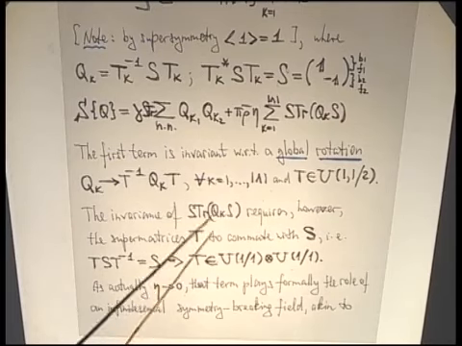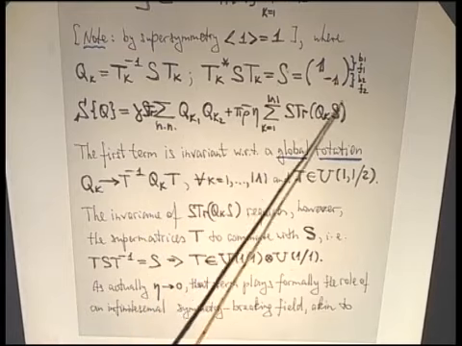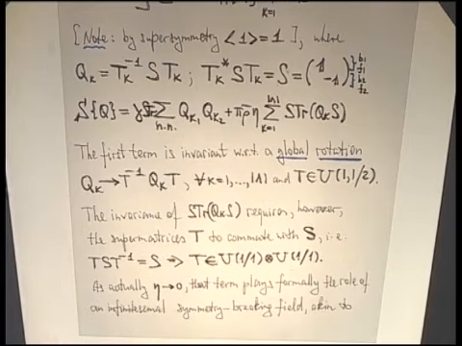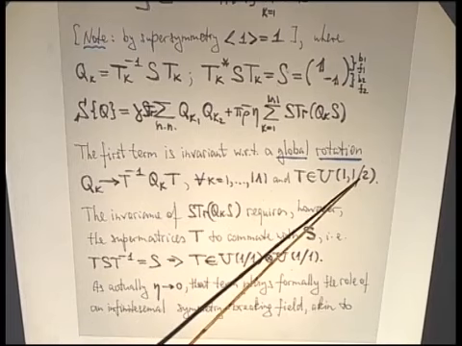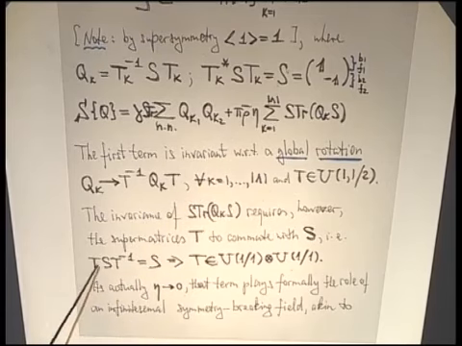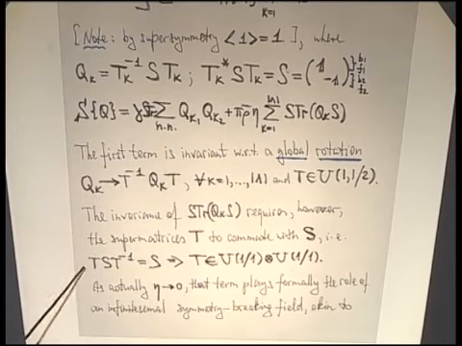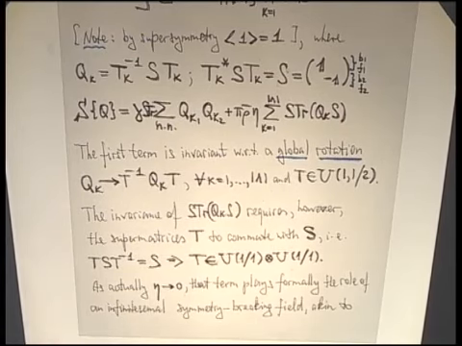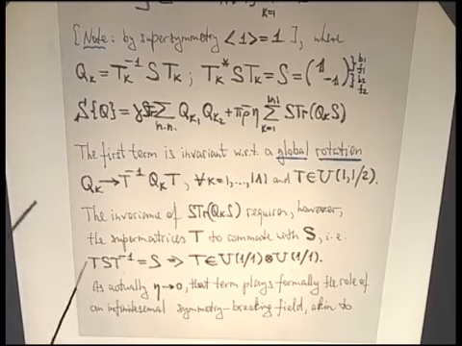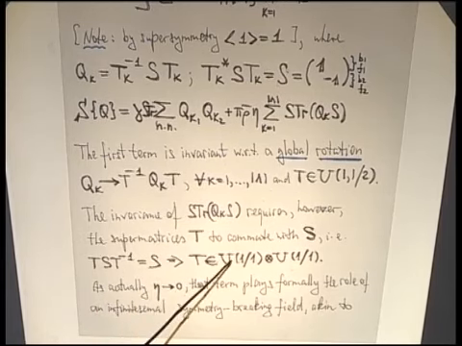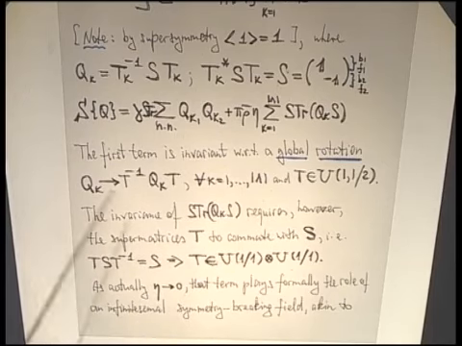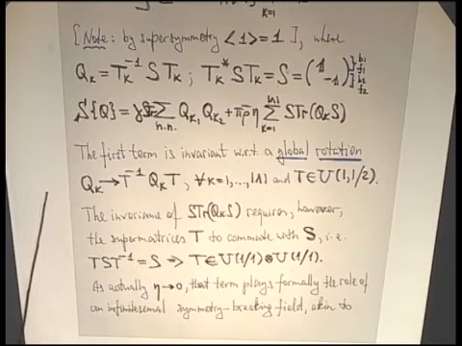However, if we require that the second term also be invariant under such a global rotation, it's impossible for general matrices from this group, because from the structure QS, the diagonal matrix S should commute with T, and this is possible only if we have matrices T of block diagonal form.